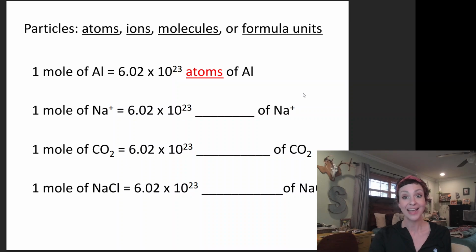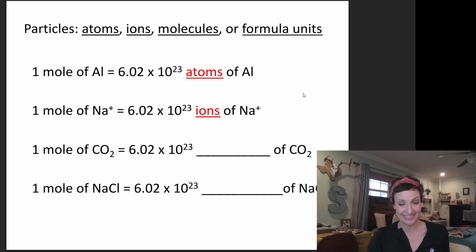Let's see. An atom, yes. So a mole of aluminum is 6.02 times 10 to the 23rd atoms. It is an atom. One thing off of the periodic table, neutral, so no charge. The next one is a mole of sodium ion, which is equal to 6.02 times 10 to the 23rd ions of sodium.